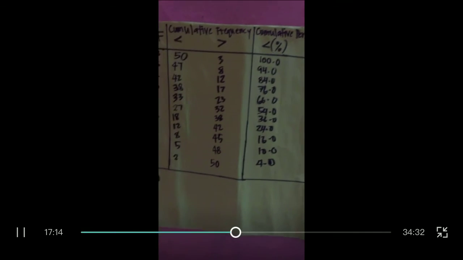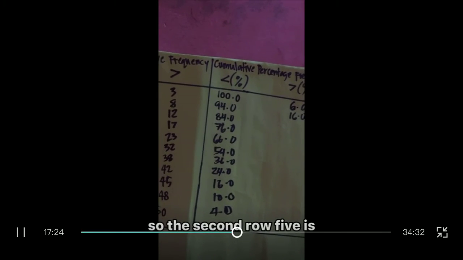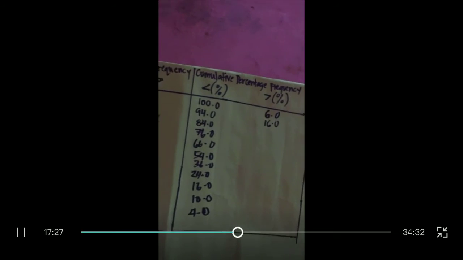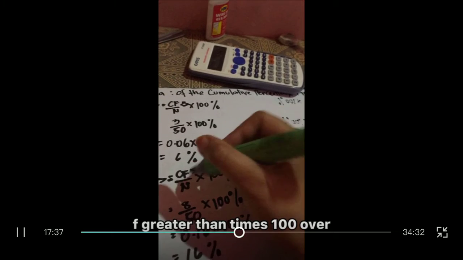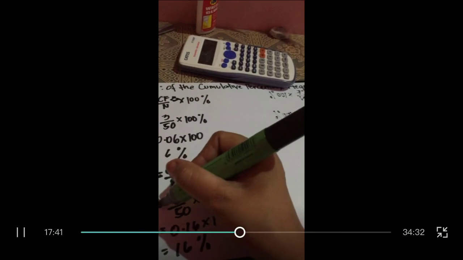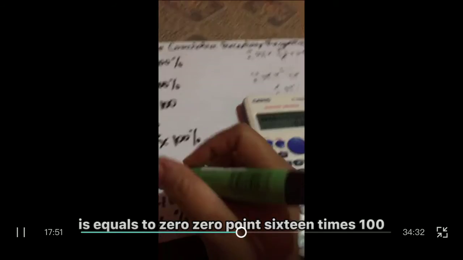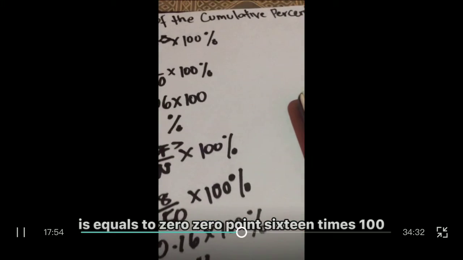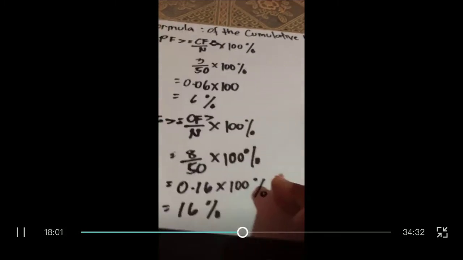So next, row 2. CPF is equal to CF greater than divided by n times 100, which is equal to 0.16 times 100, 16%.